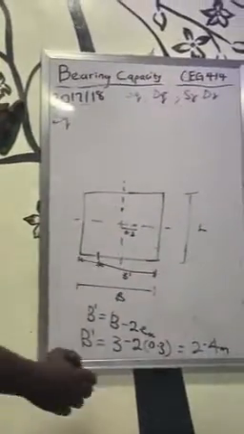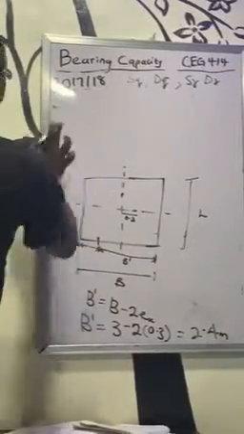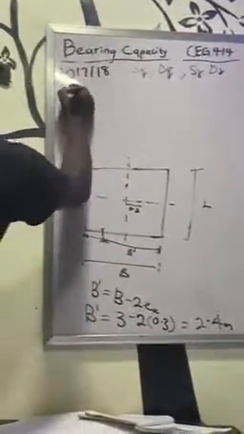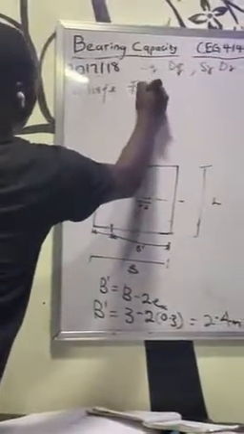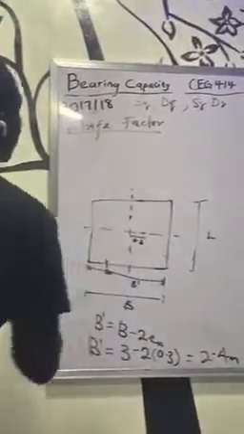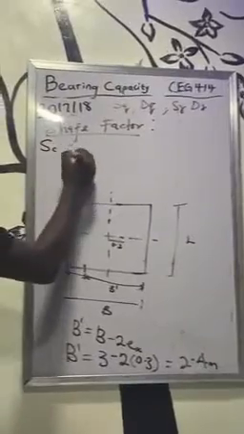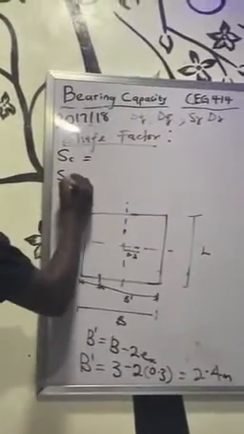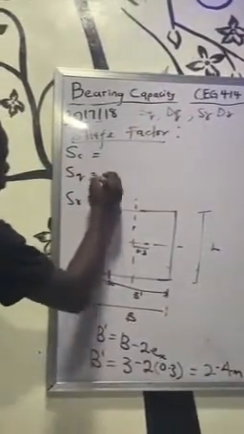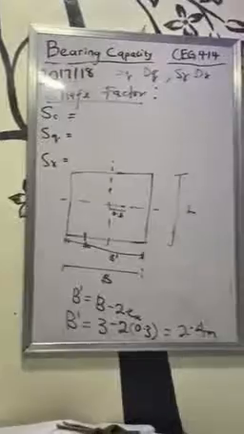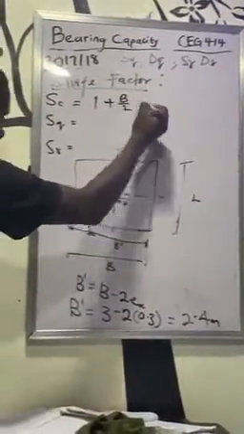So I have SC. Remember in the beginning, basically all this S and whatever is shape factor. Shape factor, guys, is SC, SQ, and S gamma. So SC is 1 plus B over L, this formula is important, guys.